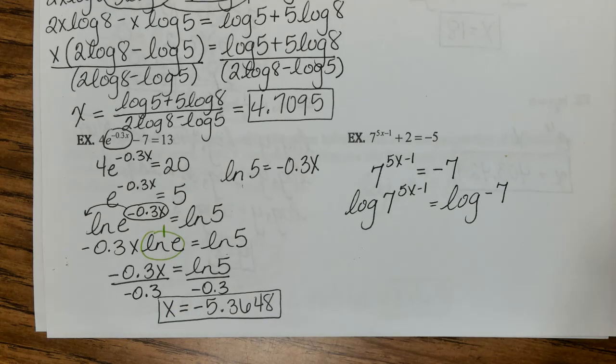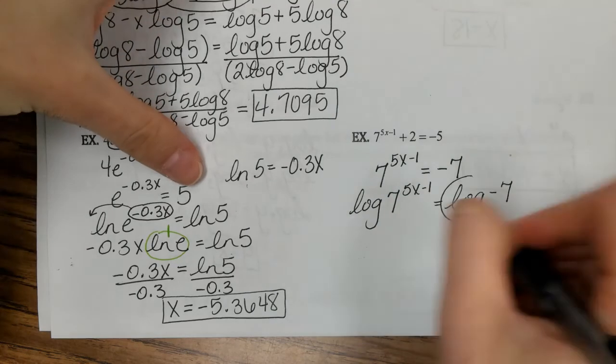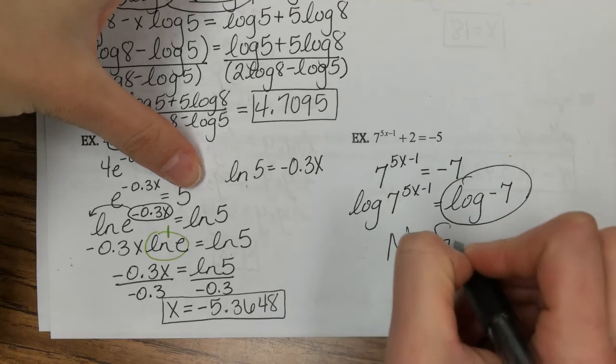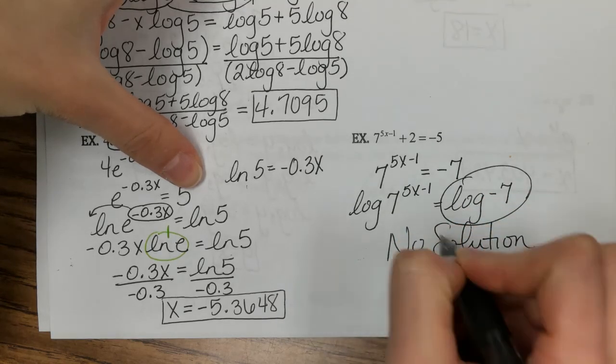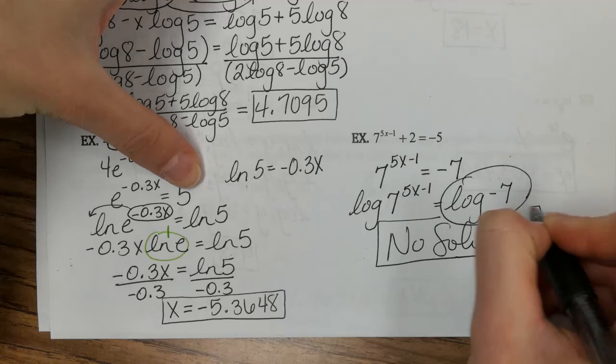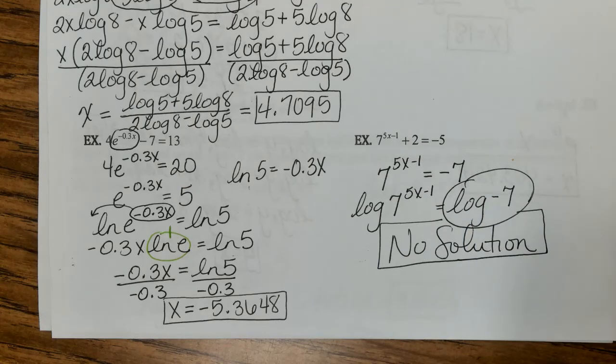What would you do there? No solution. You can't take the log of a negative. You can take a negative log, but you can't take a log of a negative.